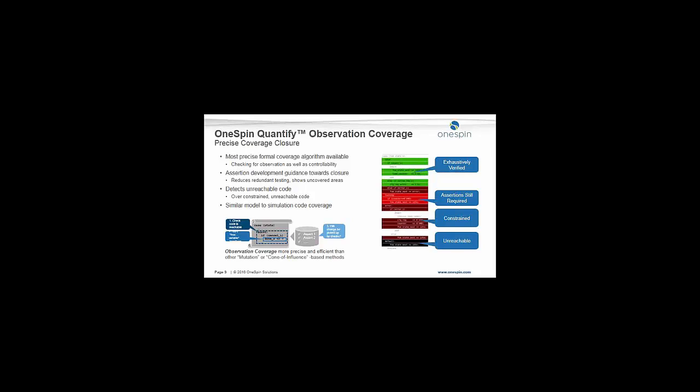If you say, show me the simulation coverage, then it says yep, this is covered. It means that state burst actually happened in the simulation while the cancel signal was high.